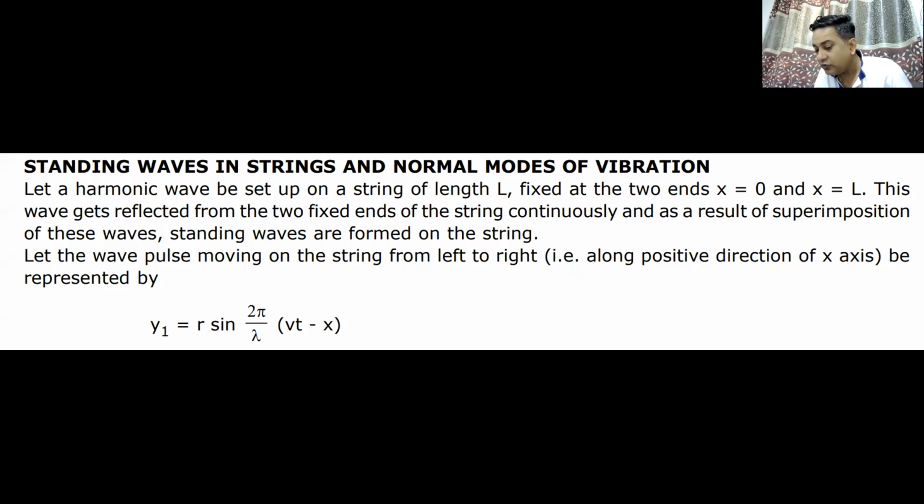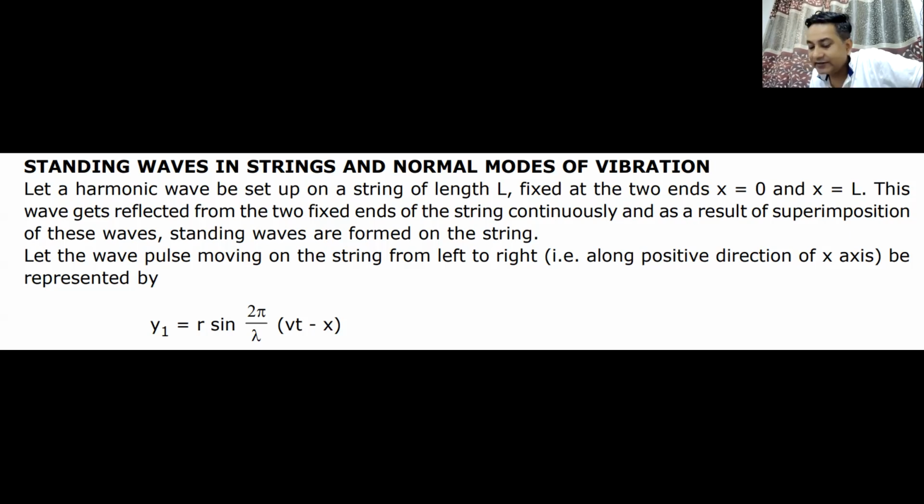The simple way you can produce a standing wave is if you can superimpose one wave traveling in this direction with the other wave traveling in the opposite direction, and both having a phase difference of 180 degrees.